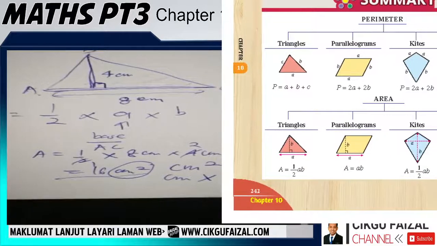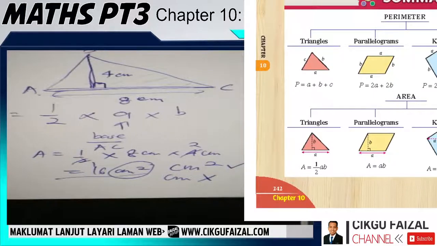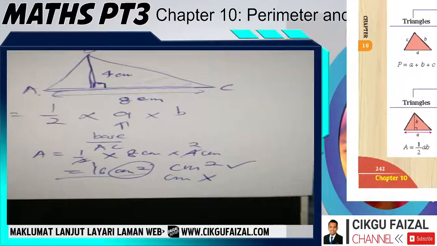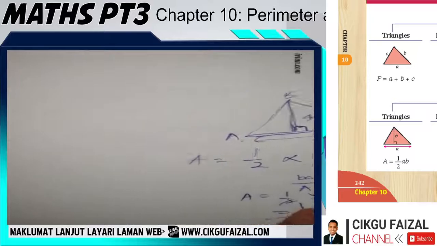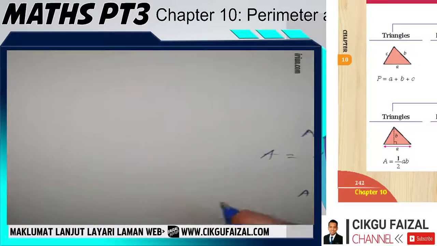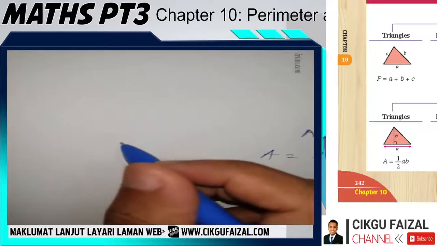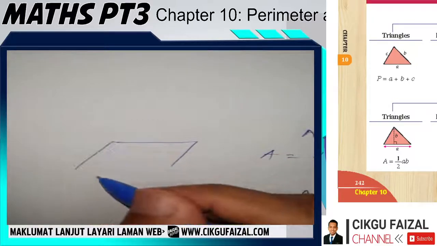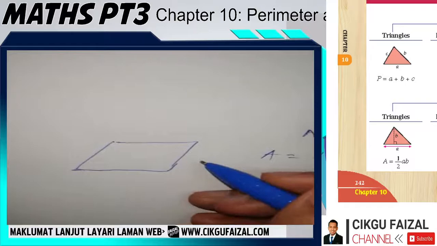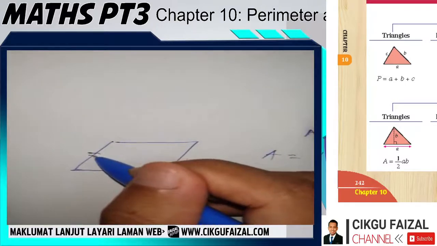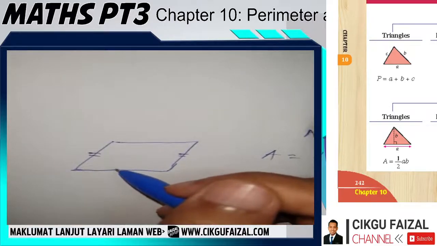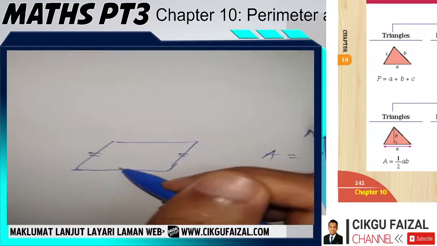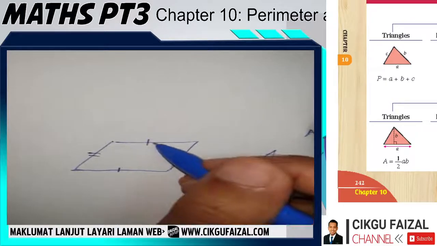So let's look for the next one. The next one is parallelograms. The area for parallelograms, the formula is really straightforward. By the way, before that, let me tell you about the characteristics of a parallelogram. Okay, this is a parallelogram. A parallelogram has a similar length for the left and right. Okay, and it also has a similar length for upper and lower.